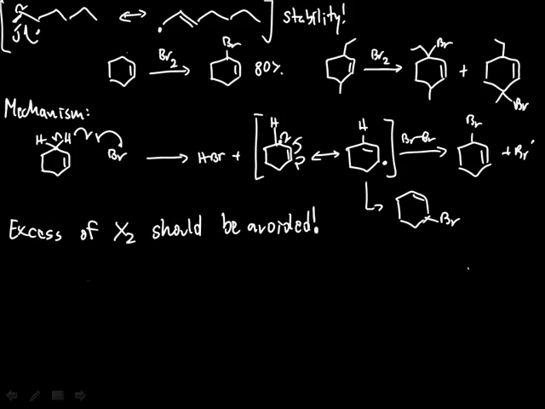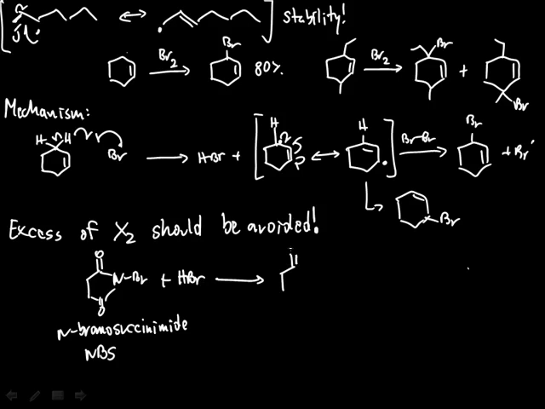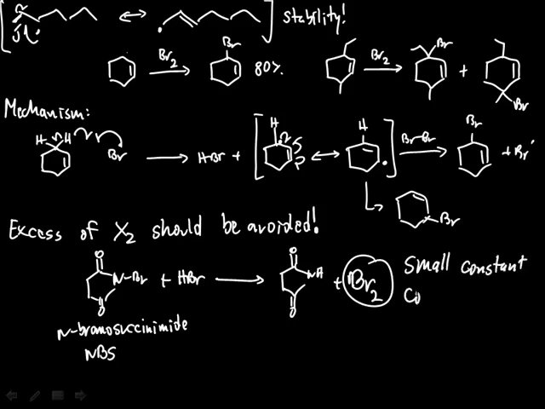To do that, a compound known as N-bromosuccinimide, also known by its abbreviation NBS, can be used, which reacts with the HBr side product to give us the simple succinimide and a small but constant equilibrium concentration of Br2. And this is how we avoid the unwanted addition product.